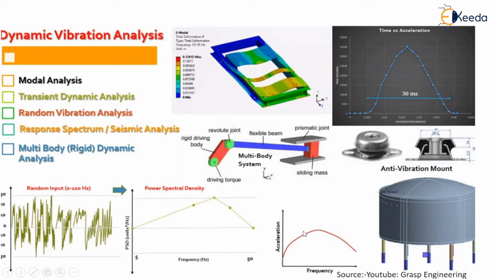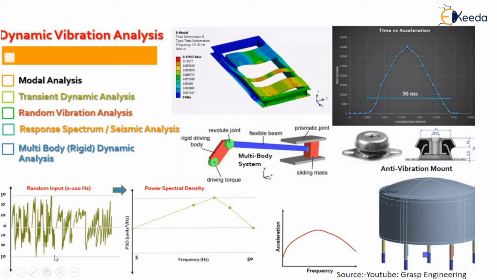Those are not studied here in detail, but I am showing that for random vibration, the frequencies are not in sequence form or in a sinusoidal wave. Those are frequencies we get in any type of frequency. Sometimes we get larger, sometimes lower.